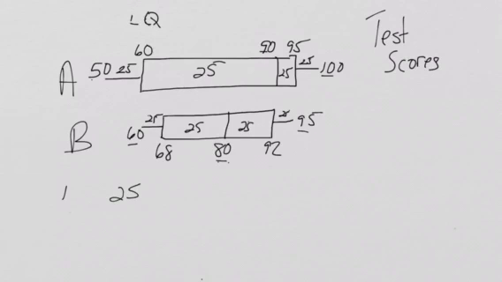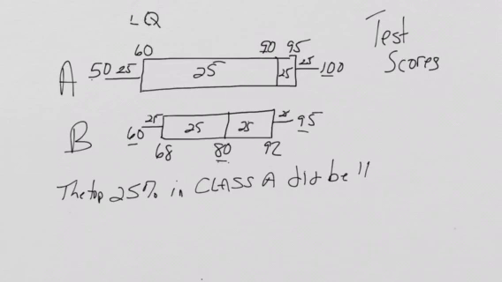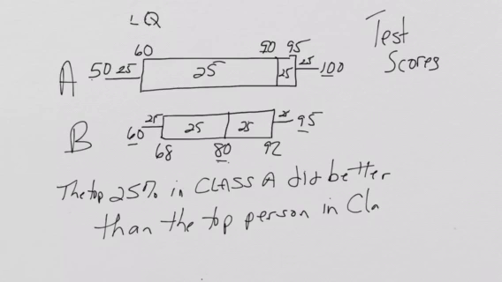The top 25% in Class A did better than the top person in Class B. Wow, because if we look at it, the upper extreme is 95 for Class B. The upper quartile for Class A is 95. So yeah, there might be some ties right there, but still, way to go Class A on that.